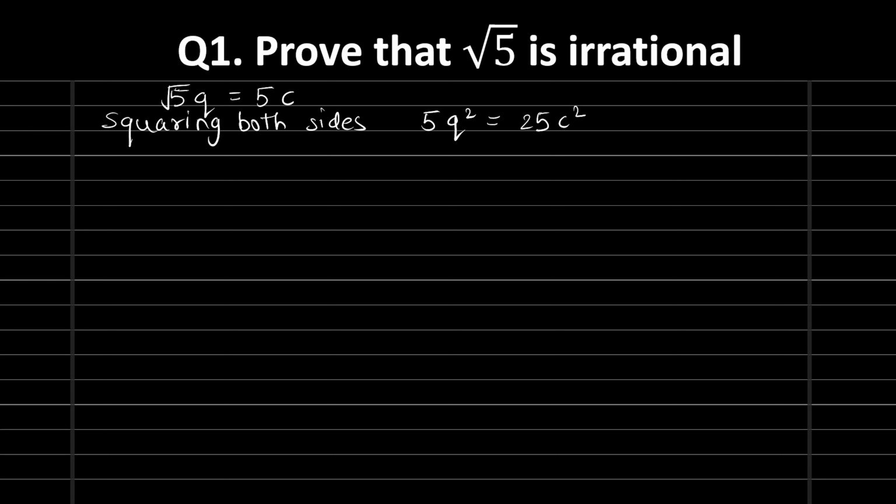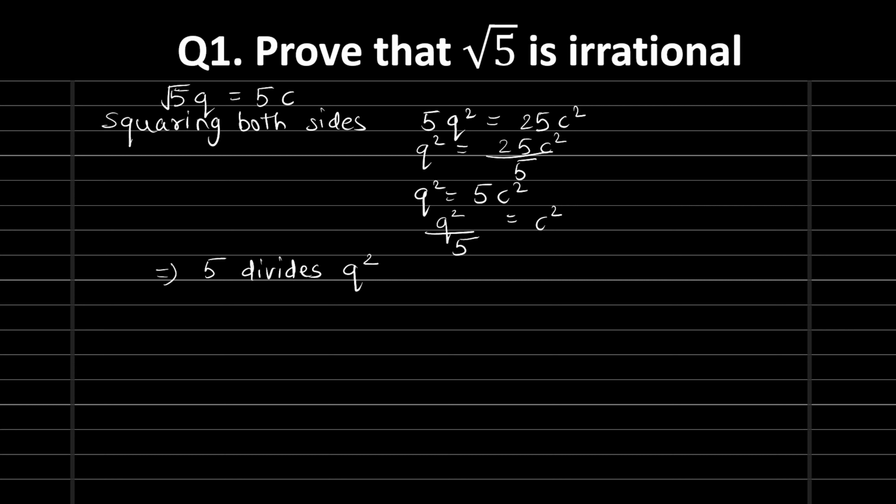On simplifying further, we get q square equals 25c square upon 5, which is q square equals 5c square. Or we can write q square upon 5 equals c square, which implies 5 divides q square. Now if 5 divides q square, from the theorem we can say that 5 will divide q also.